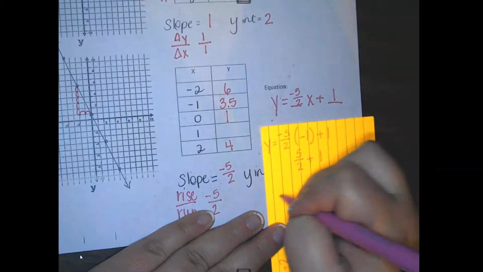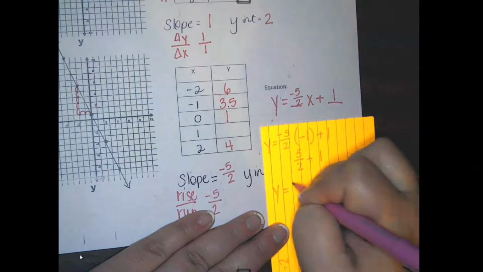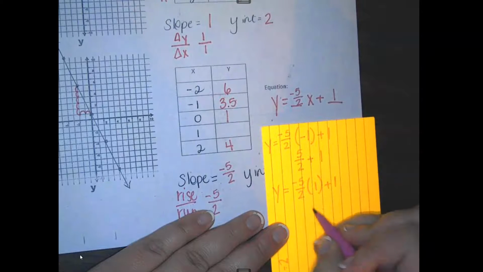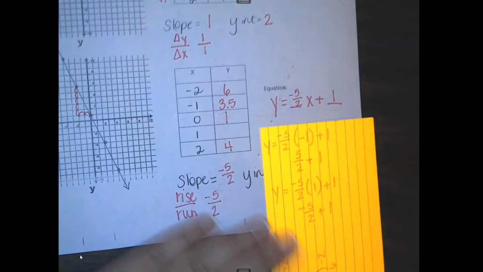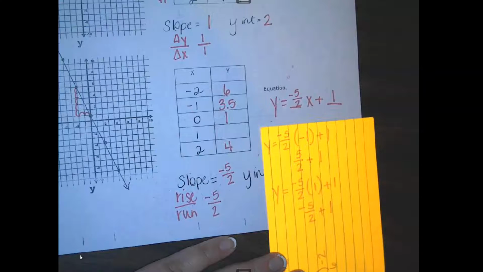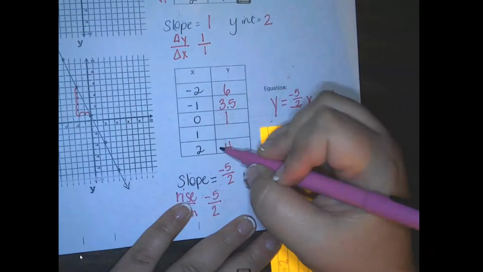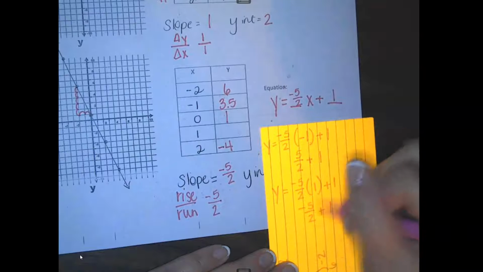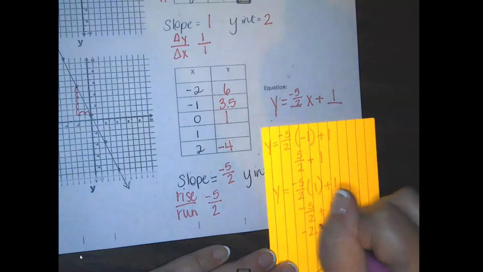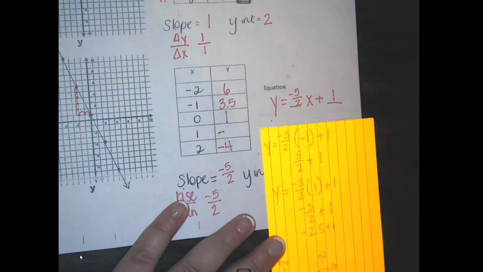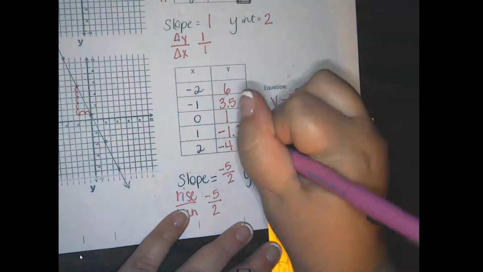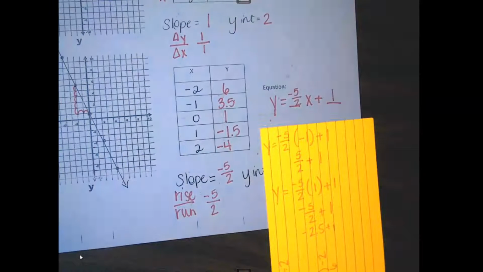And then if I do the same thing with my 1, -5/2 times my x, which is 1. So this is a -5.5 plus 1. By the way, that should have been a -2.5. I'm so sorry. So -2.5 plus 1, so that's going to be a -1.5. Sorry. I'm trying to do mental math in my head.